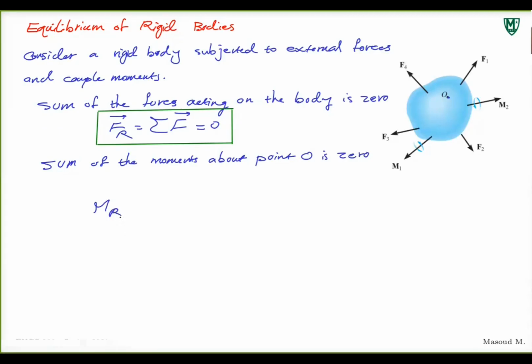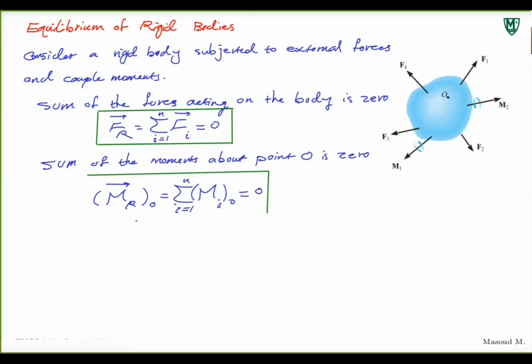So what I'm saying is that the resultant moment you've been trying to calculate about point O is equal to the summation of moments about point O, for i from 1 to n, n being the whole number of forces, and it should be 0.